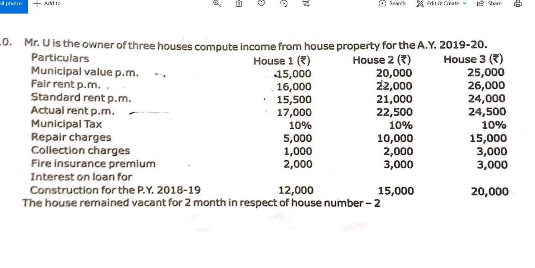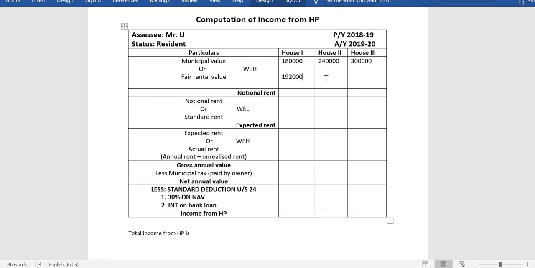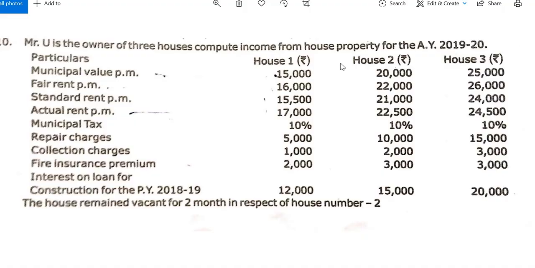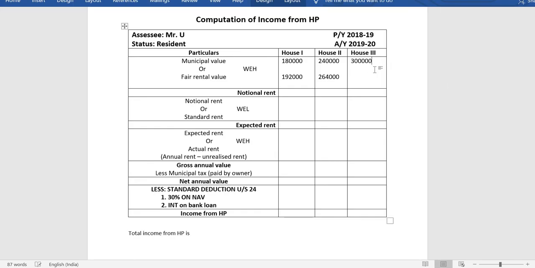Then 22,000 into 12, you will get 2,64,000. And 26,000 into 12, you will get 3,12,000.